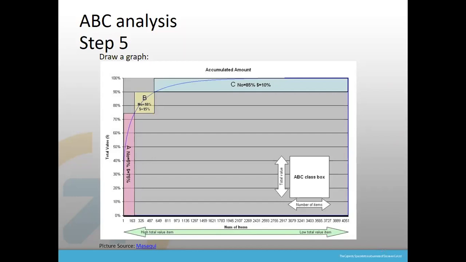Category B for them is 15% of the inventory value, accounting for 10% of the SKUs. And most items, 85% of the items, account for only 10% of the value, the inventory value per year, and they are in category C.